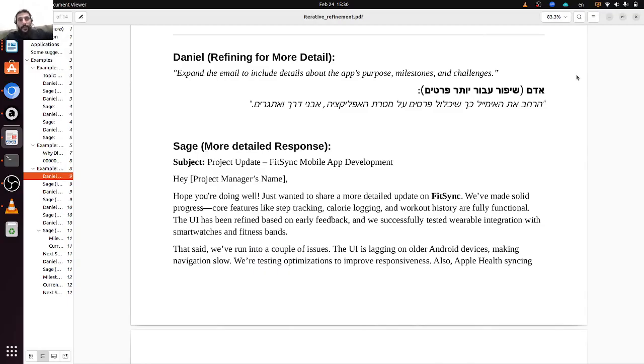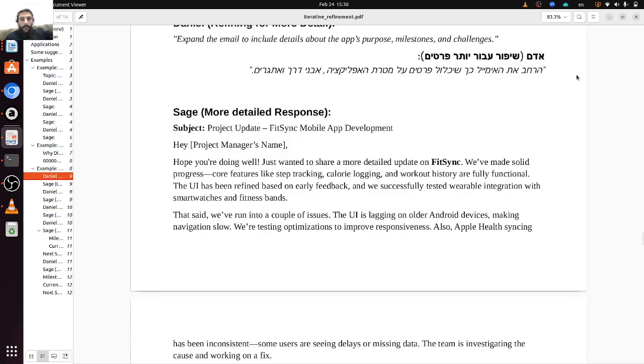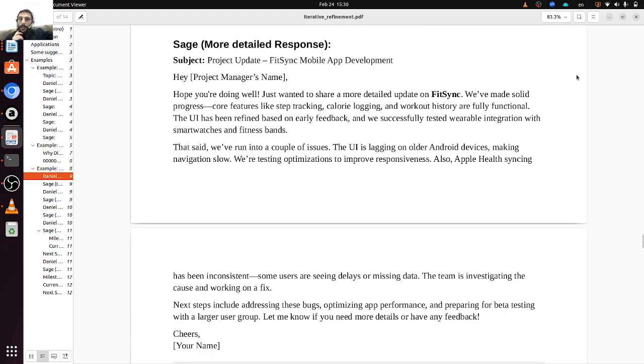Now, in the first refinement iteration, Daniel addresses this issue by prompting, expand the email to include details about the app's purpose, milestones, and challenges. And Sage generates a response that is a more detailed version of the email, as we see on the screen.